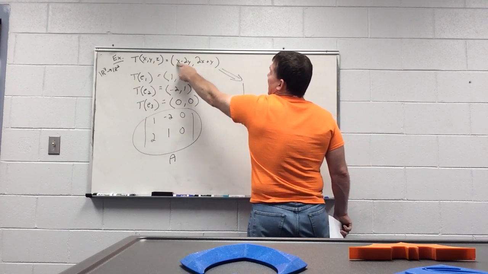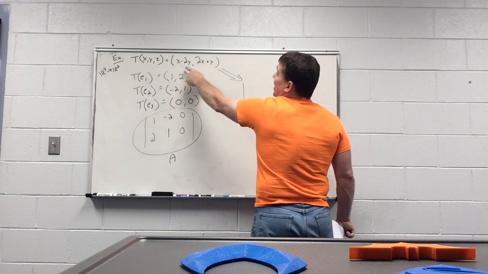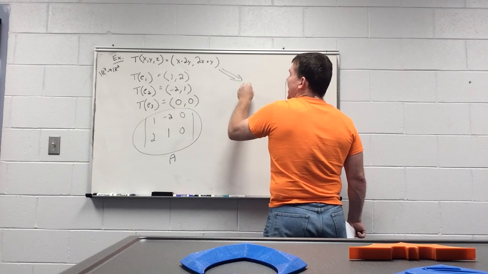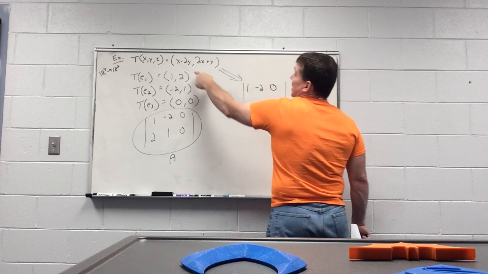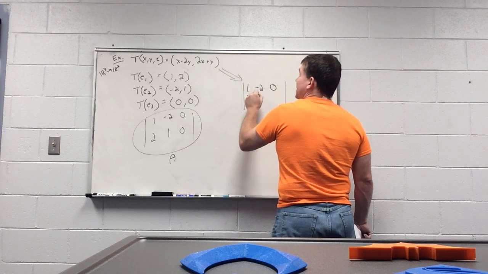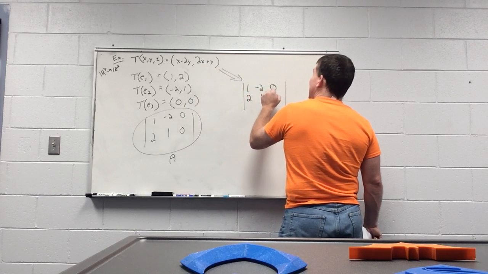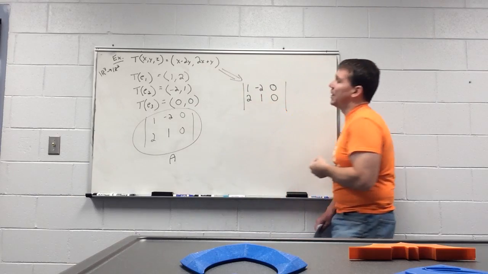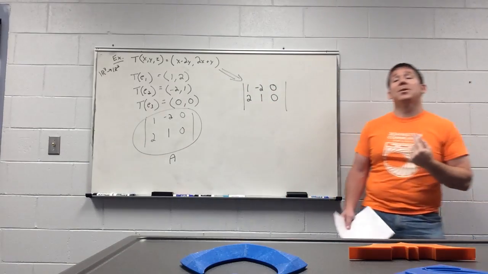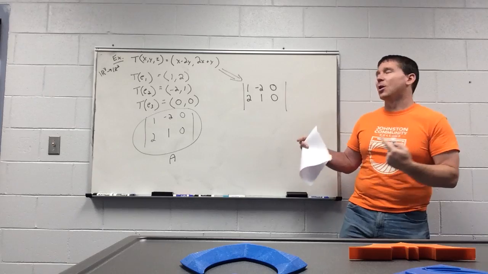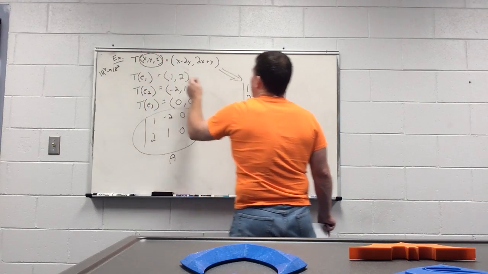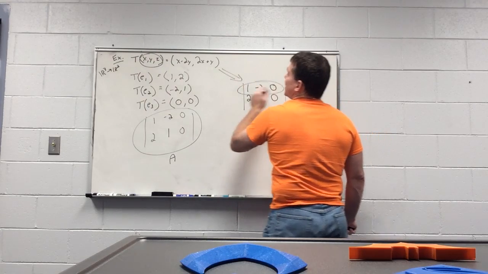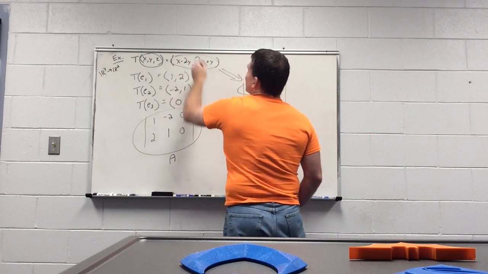So here, these are both in R3, so I would get 1, Y is negative 2, there's no Z, so it's 0. Here, X is 2, Y is 1, Z is not listed, so it's 0. And you end up with the same matrix, as long as you keep in mind this is in R3, so this has 3 entries in the row, even though these only have 2.